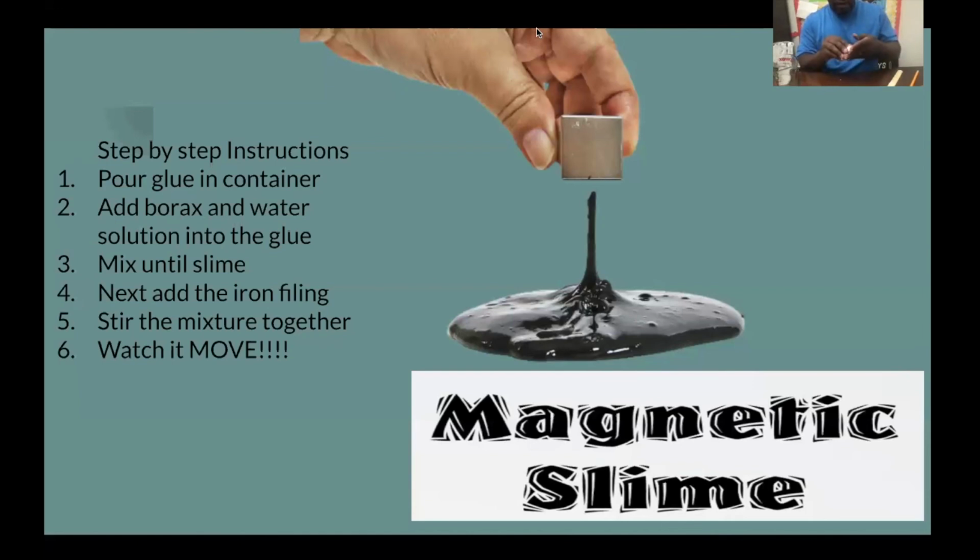Okay, after the slime is made and it feels great, you can play, you can stretch it, you can roll it around. After that, we will be taking some iron filing.